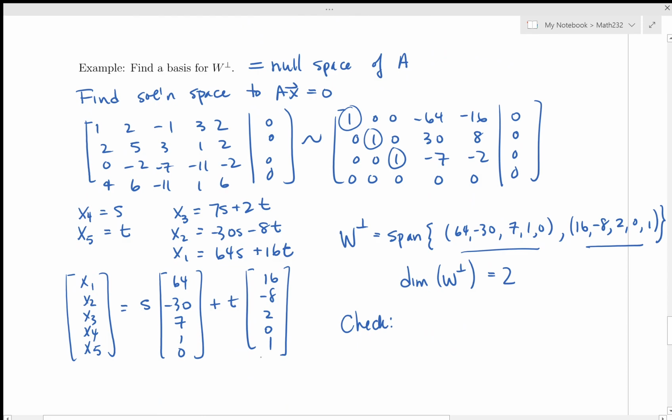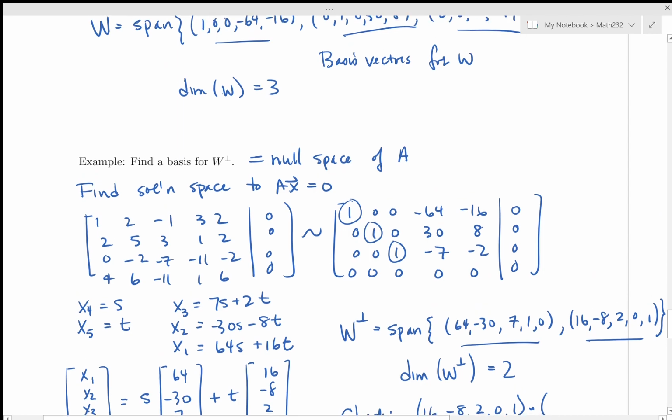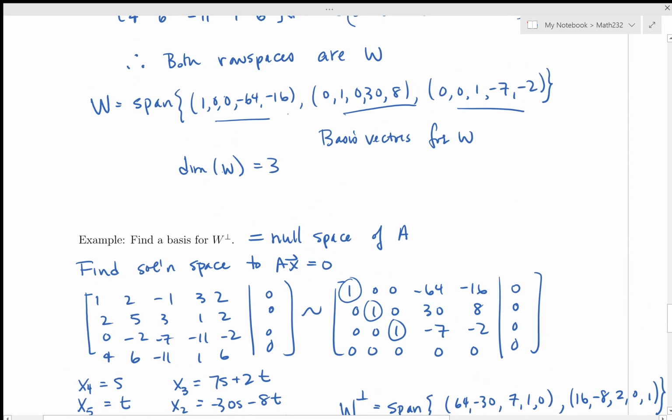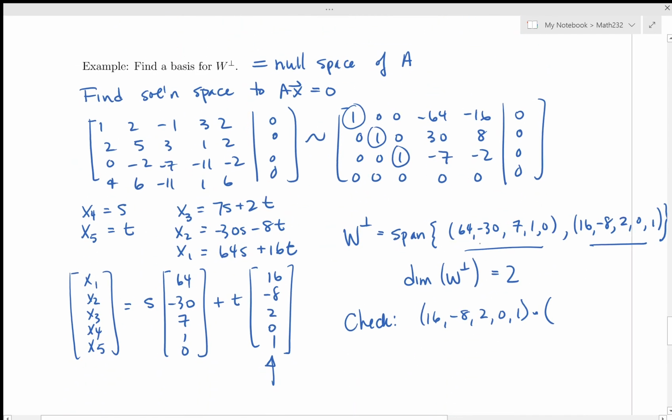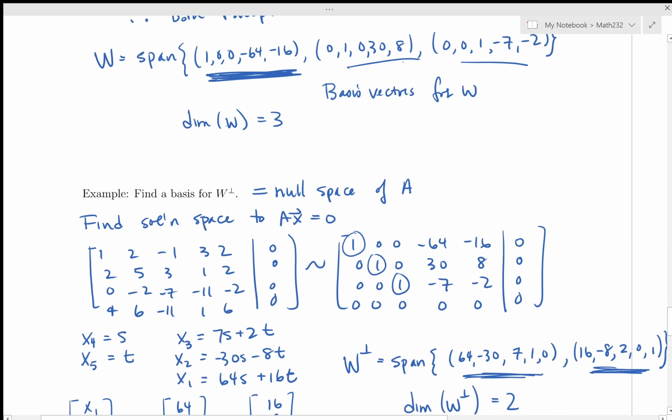I'm going to check that this vector right here, 16, minus 8, 2, 0, 1, is orthogonal to what? I just happened to pick these randomly, sort of, orthogonal to this one. But it is the case, of course, that both of these vectors here have to be orthogonal to all of the other three vectors up here. That's what it means to be an orthogonal complement.